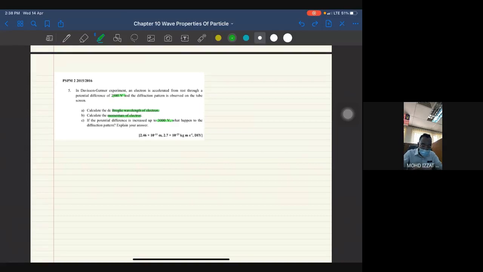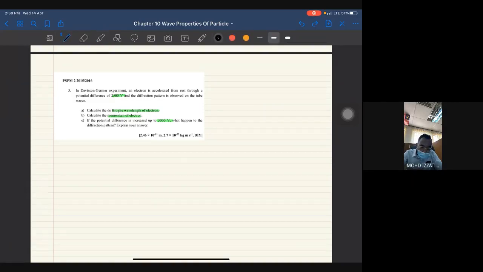Okay, so macam biasalah, the first thing kita keluarkan information. Davison-Germer experiment, if you guys still remember, dia pakai electron gun and then they scattered on the surface of a nickel. And surprisingly, they produce a diffraction pattern.